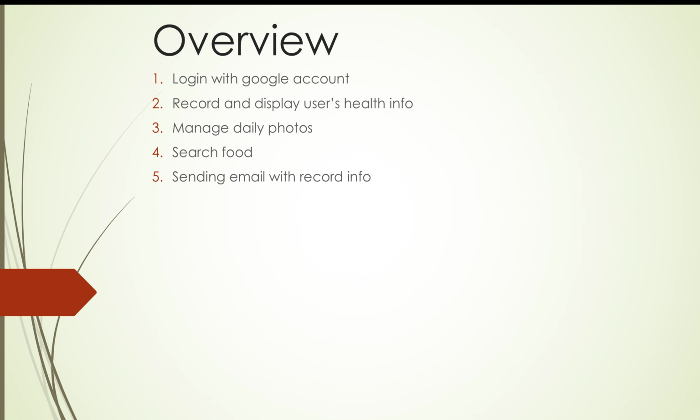Once you click the marker, you can see the detailed information about this restaurant. Another feature is that you can send an email with your weight information attached to your Gmail account once you click the send email button.